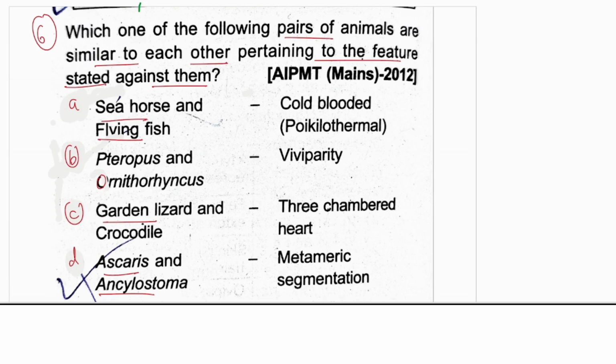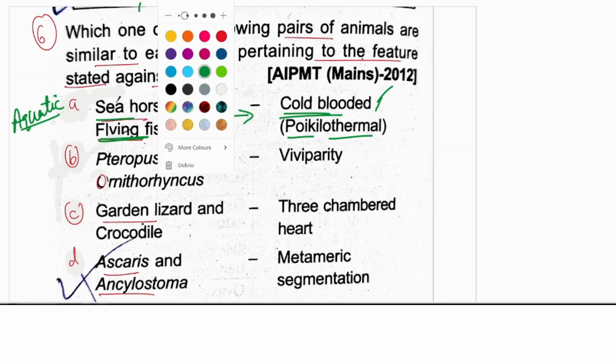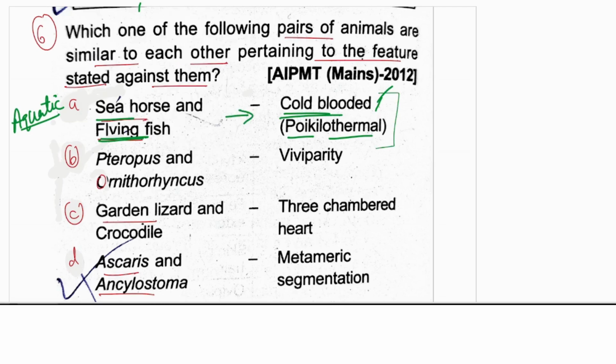First of all, seahorse and flying fish are aquatic or poikilothermic. That is correct, because the feature means they would be under the water, aquatic organisms. If they are aquatic, they will not need to maintain the body temperature because they are already in a cold environment. Next, Pteropus and Ornithorhynchus, viviparity: Ornithorhynchus is not showing viviparity, only Pteropus.